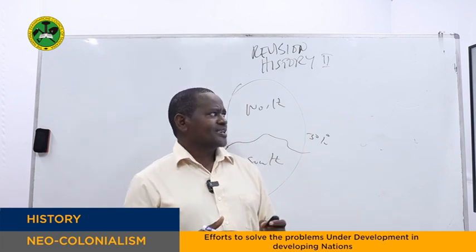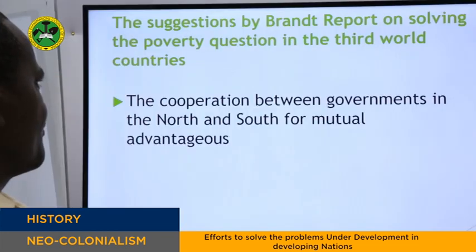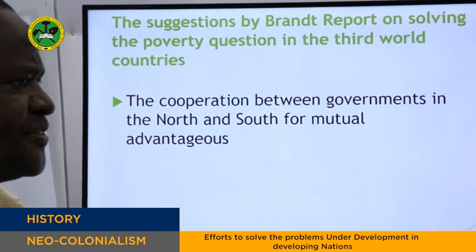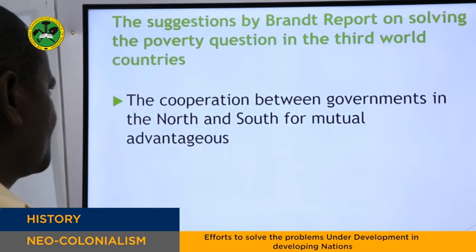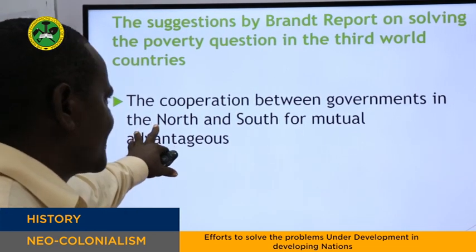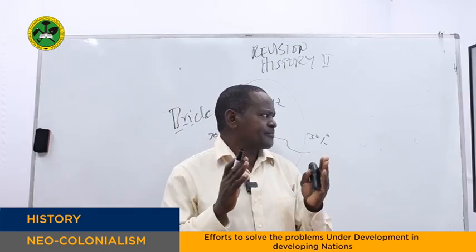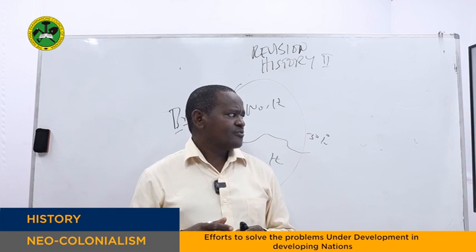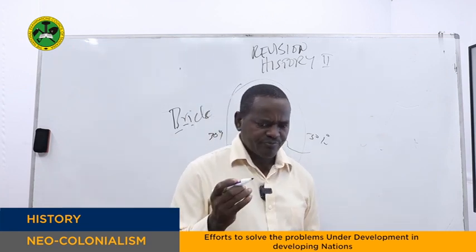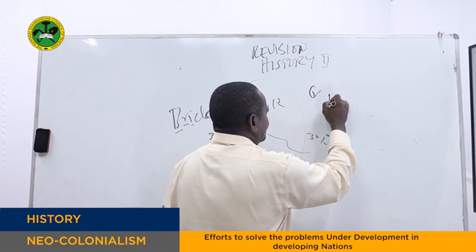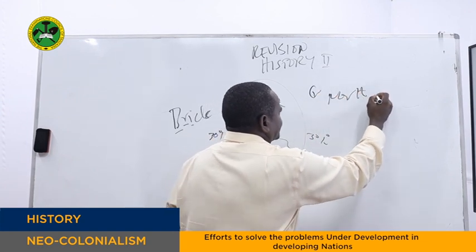My dear students, let's now go to the suggestions of Brandt's report on solving the poverty question in the third world countries. What has Brandt suggested? The first suggestion given by William Brandt in his report is cooperation between governments in the north and south for mutual advantage.